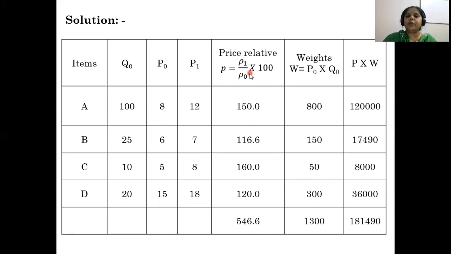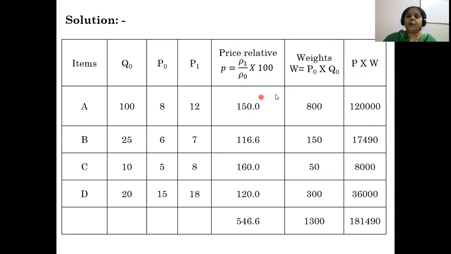So price relative is P1 by P0 into 100, and weights is P0 into Q0. That is how we have to find out the weights. After finding price relative as well as weights, we have to find PW, price relative into weights.